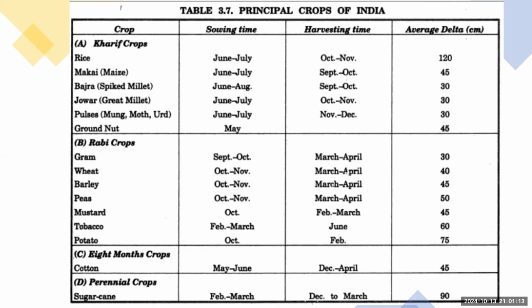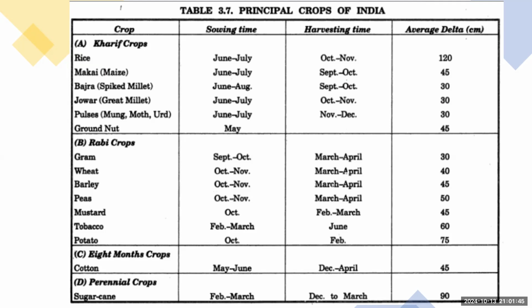For example, in Kharif crops, if we take the example of rice, then sowing time is in June or July, and harvesting time is between October to November, depending on the variety of that rice crop. This difference in crop period is there. And the average delta, the total depth of water required for full growth of the crop, is 120 centimeters.